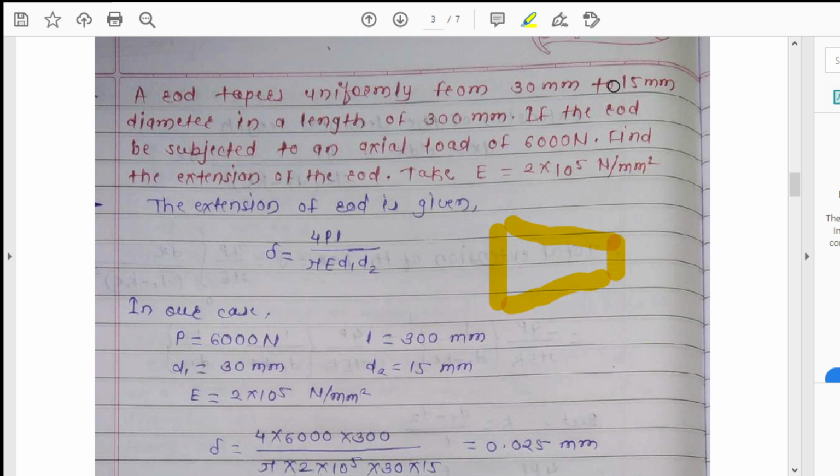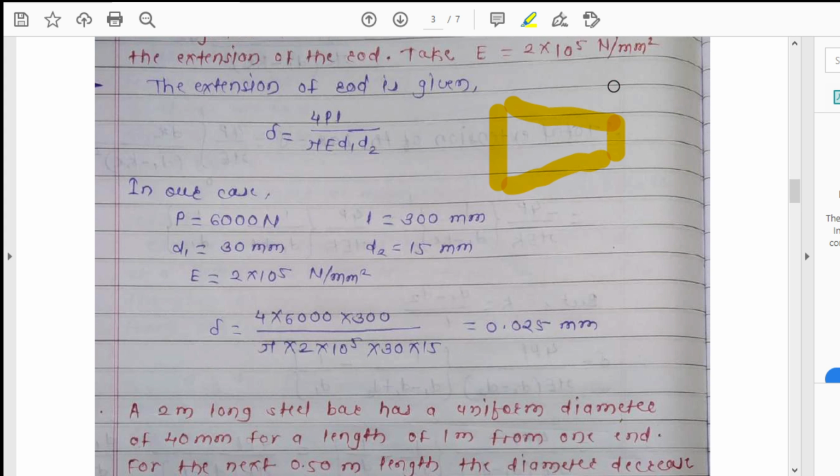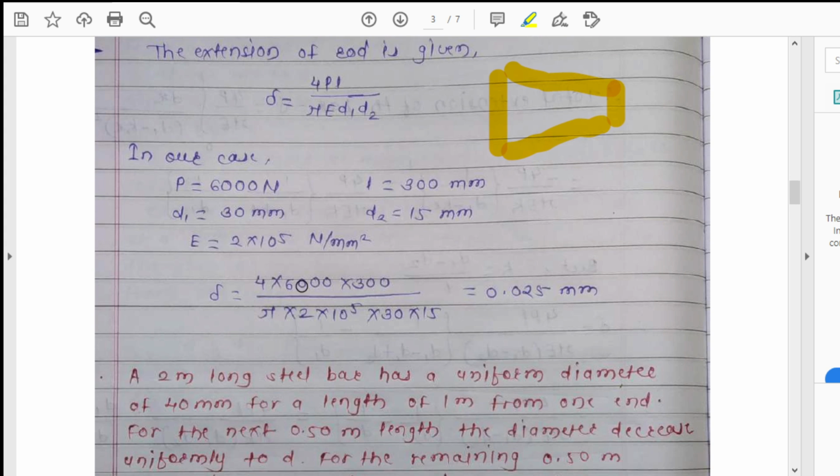All the quantities are in newtons and mm, so there is no need for any conversion here. Simply put all the values in the formula and you will get delta equals 0.025 mm. This is a very simple, basic example.